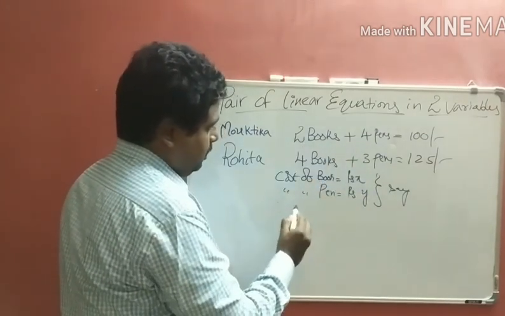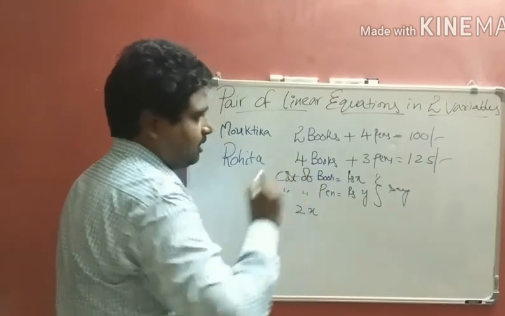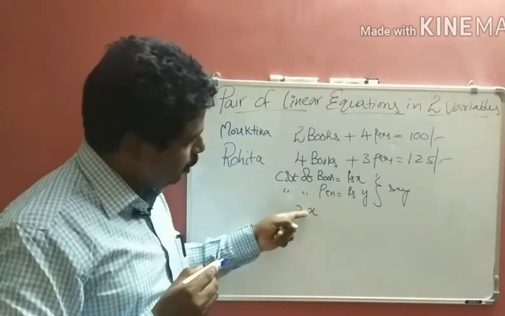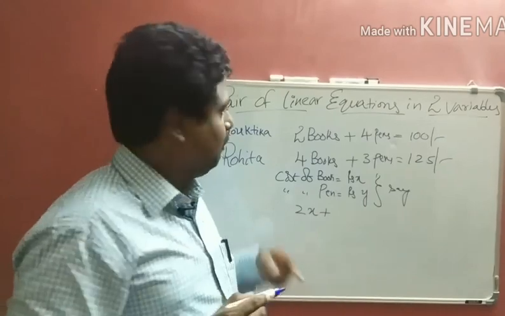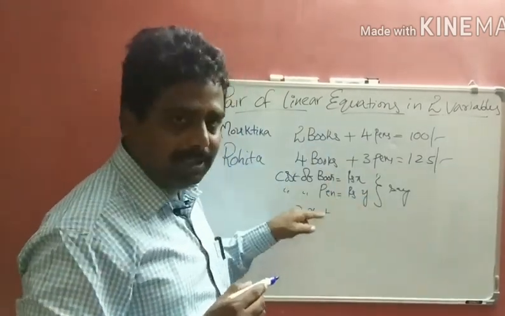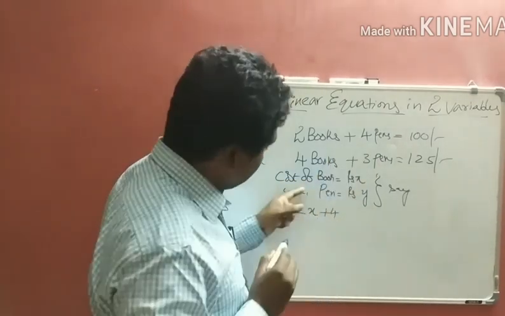What is the cost of one book we took? x. Since Mauktika bought 2 books, we can write 2 into x plus. Why do we use plus here? Mauktika bought 2 books and 4 pens, and in the mathematical sense, it becomes plus. 4 pens, so 4, what is the cost of one pen?